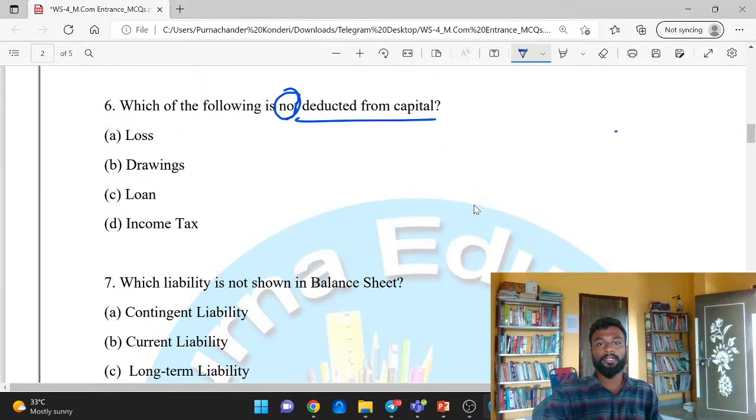From capital we deduct loss, we deduct drawings, we deduct income tax, but we will not deduct the loan. Loan will not be deducted. Option C. Yeah, very good, Sai Kumar.